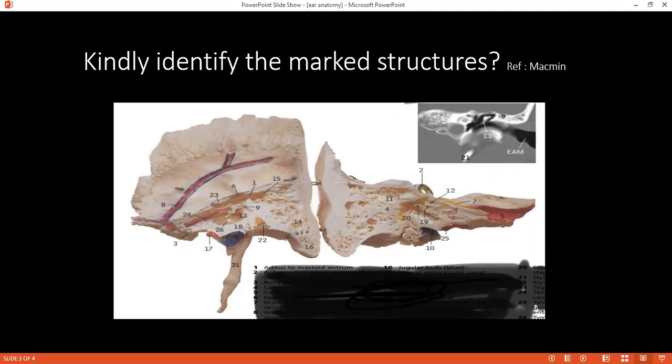The sound is conducted by the vibration of the tympanic membrane, which is maintained by the stapedius muscles, which maintain the tympanic membrane's density, and then it converts into bony conduction. That's how sound is conducted. Okay, thank you.